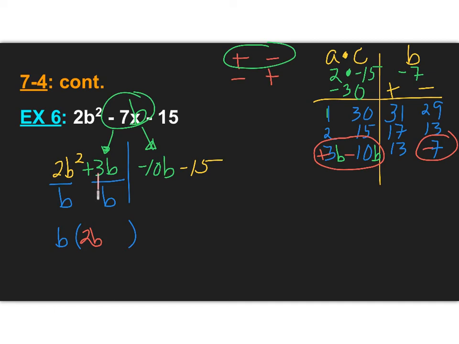Then the 3 doesn't have anything to cancel with, so that stays at 3. But those b's cancel. So we expect that our second set of parentheses here will have a 2b plus 3. Don't force it, but bear in mind, because you might have made a mistake, that that's what you're looking for. And if you notice, this first term here, or the third term overall, is negative. It needs to be a positive because our first term here is positive.